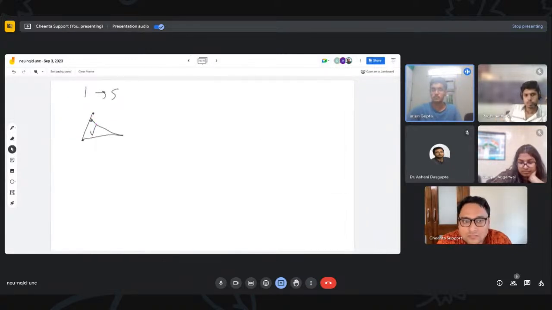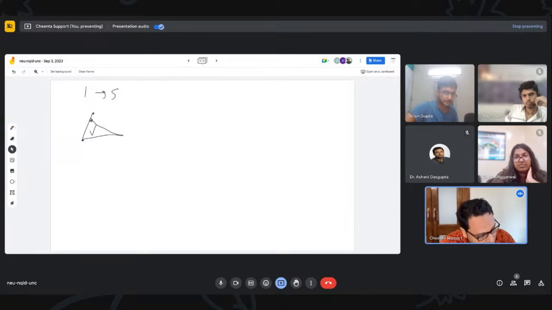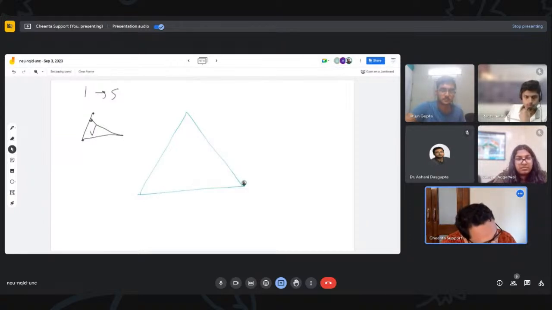And now we have to draw a 5 cross 5 triangle. If possible, can someone who is fast in drawing draw a 5 cross 5 grid? Because let me draw that. Yeah. So we have a triangle. Let's draw the one, two, three, four. One, two, three, four.